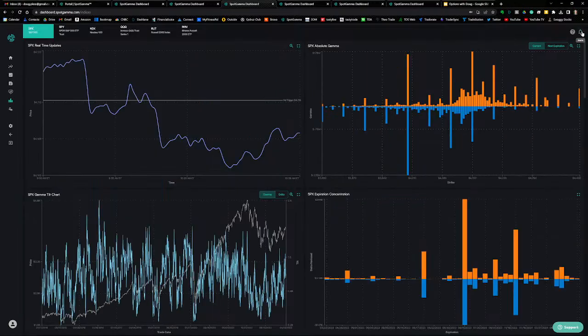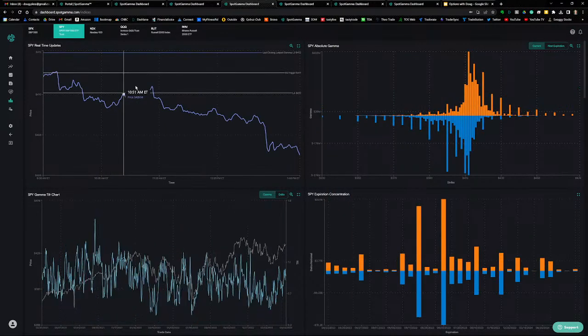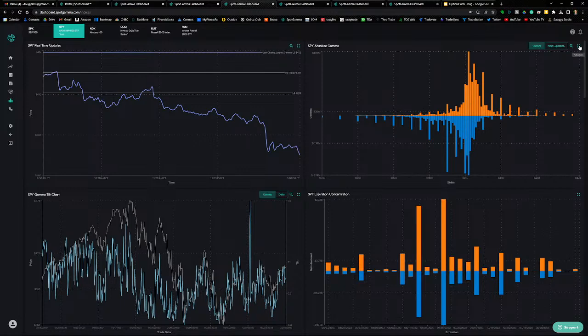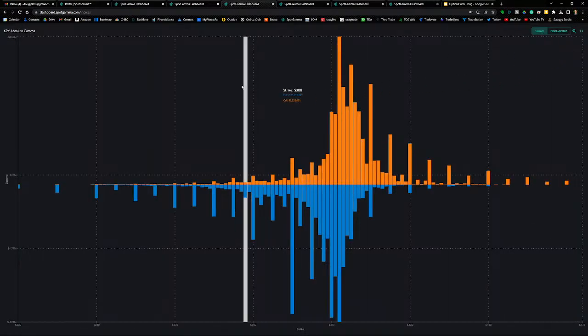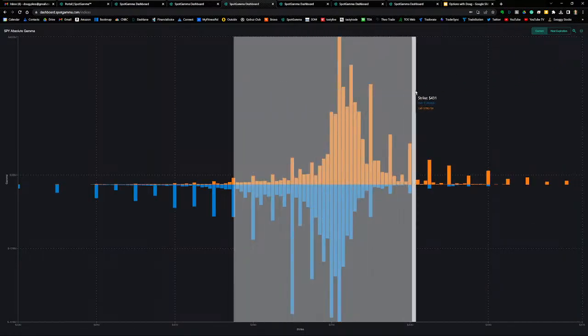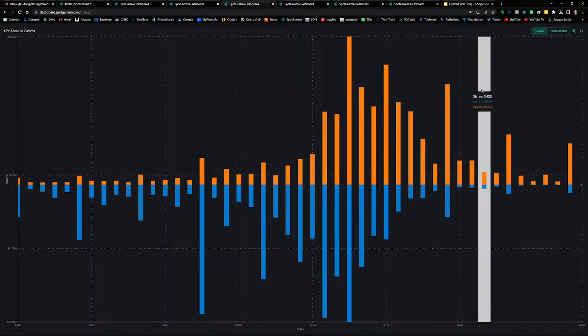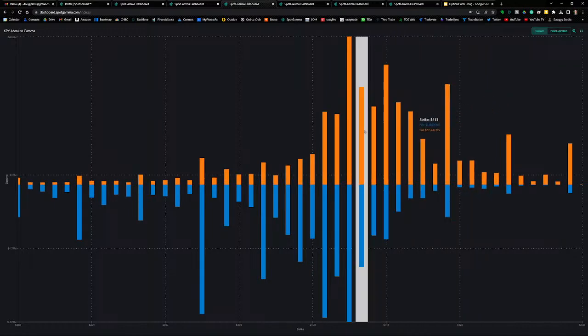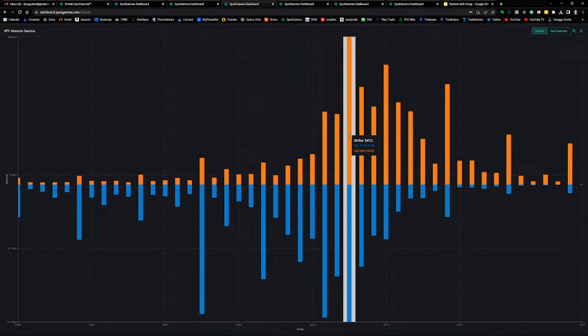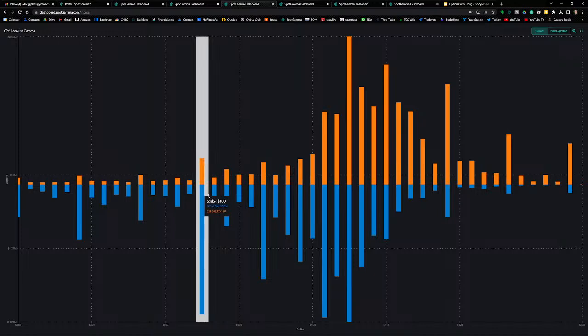All right, let's take a look at SPY. I'm going to zoom in on this chart. For SPY, the key gamma strike is at 412. That's the strike with the largest absolute gamma. That's pretty obvious. And then the put wall at 400.